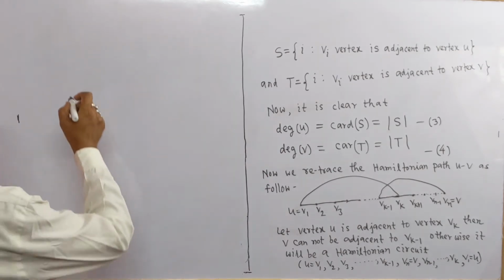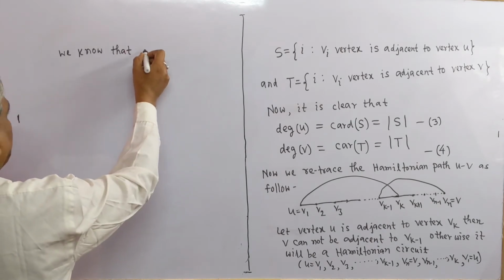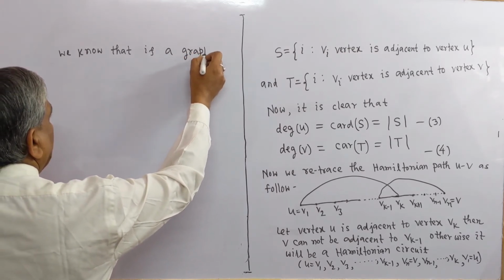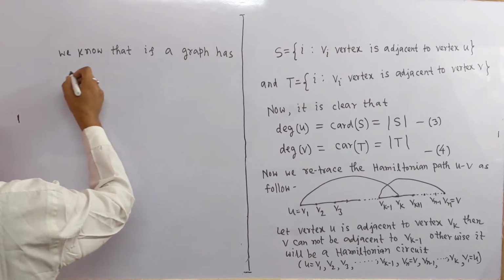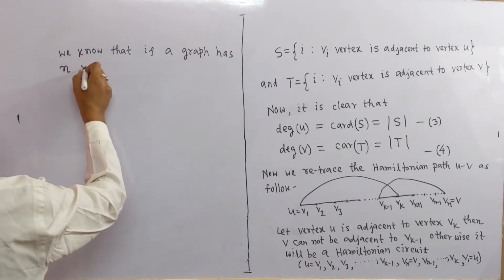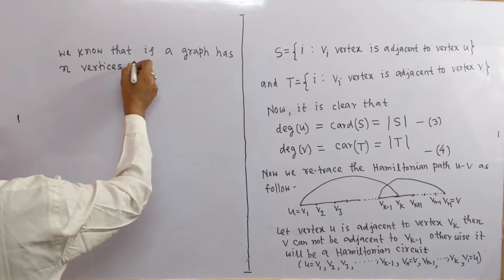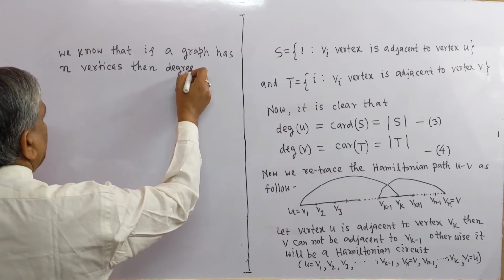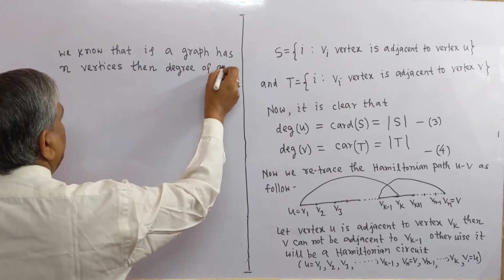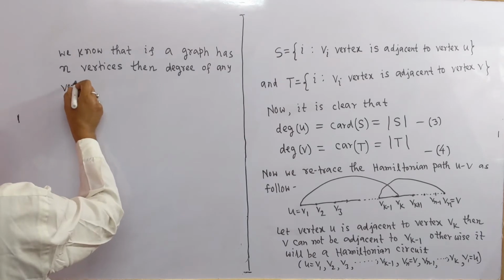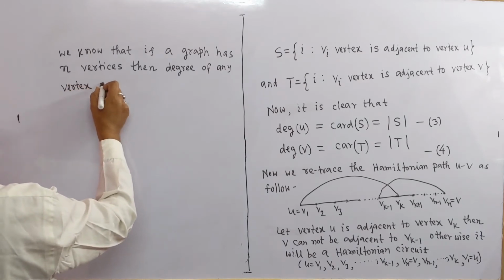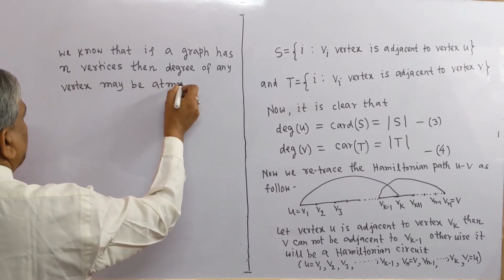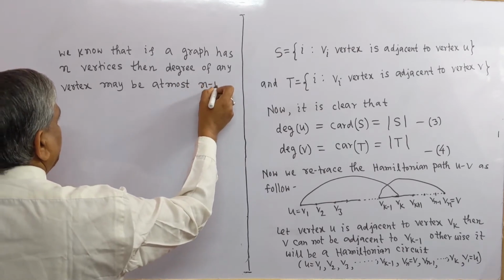We know that if a graph has n vertices, then the degree of any vertex may be at most n minus 1.